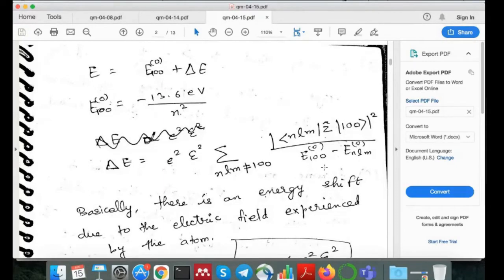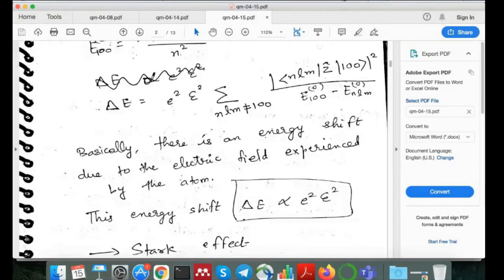This kind of term comes in from the perturbation theory, or you can solve it from the variational theorem. But the point is that there is an extra term which is quadratic in the electric field. That is the main concept here. There are some additional terms, but this delta E is basically quadratic in the electric field because you have an epsilon square.